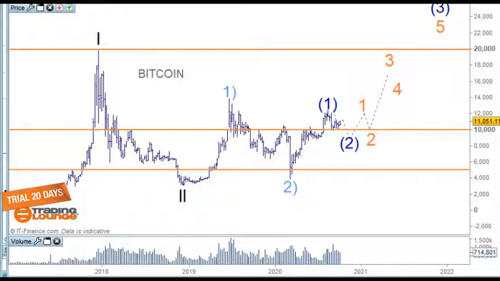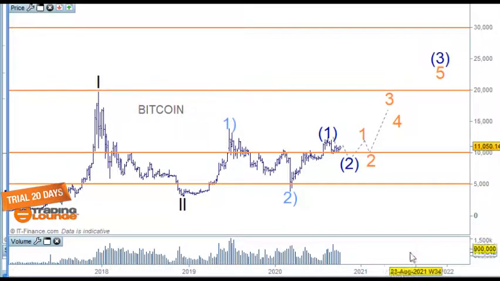On the weekly chart here, we've been viewing this in terms of wave 1 over here, wave 2 here. So this wave 2 is obviously going up for a large wave 3 in that case. In that wave 2 to wave 3 that's going further up, there will be 5 waves in that sequence in terms of wave 1 and 2 here, and then 3, 4, 5 to make that wave 3.